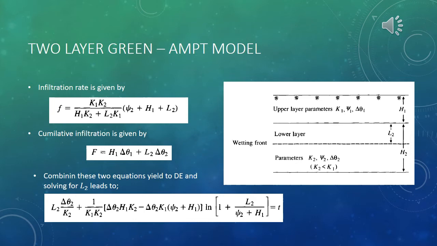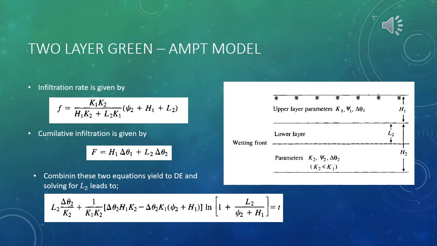On the right hand side, you see there is an upper layer and a lower layer parameter, and we have the wetting front. Then we have the bottom side at H2 for this lower layer. In the lower layer there are also two different categories. Above the wetting front we have the wet layer, and below the wetting front is the dry layer, right?